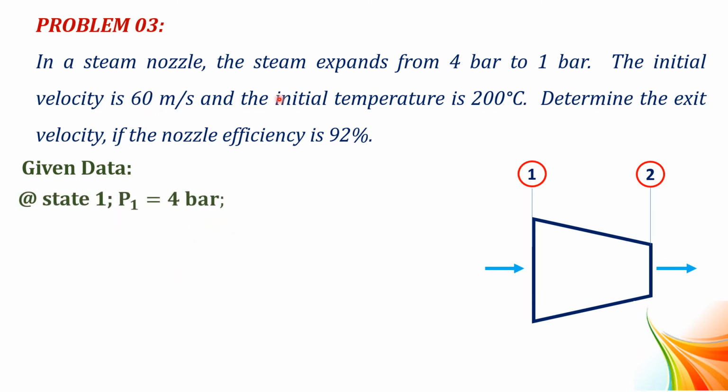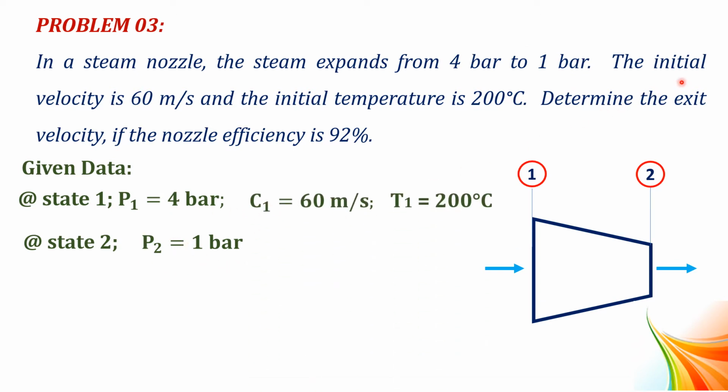At state 1, the steam expands from 4 bar. So at state 1, the pressure P1 equal to 4 bar, to 1 bar. So at state 2, the pressure P2 equal to 1 bar. The initial velocity is 60 meters per second, C1 equal to 60 meters per second.